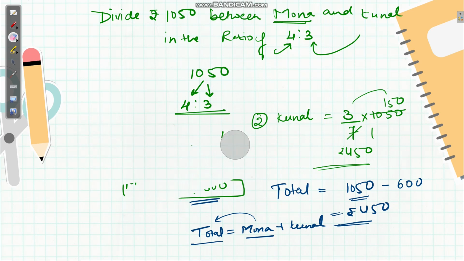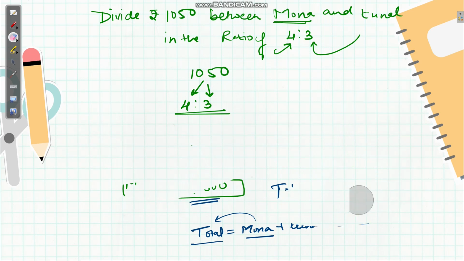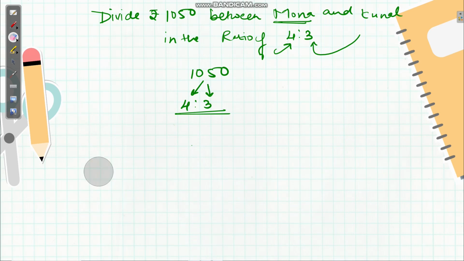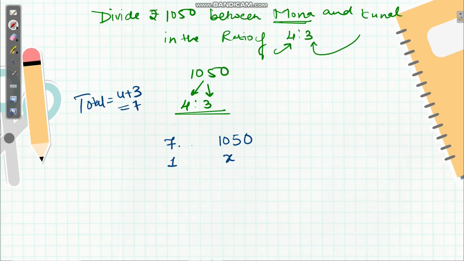There's one more way in which you can solve the same question. Let me show you that method. In this method you find out the value of one part. We know that the total is 4 plus 3, that is 7 parts. We have to find the value of one part. So 7 parts are equal to the entire amount, right? That is 7 parts is equal to 1050. We have to find it for one part, which we don't know, so just cross multiply.